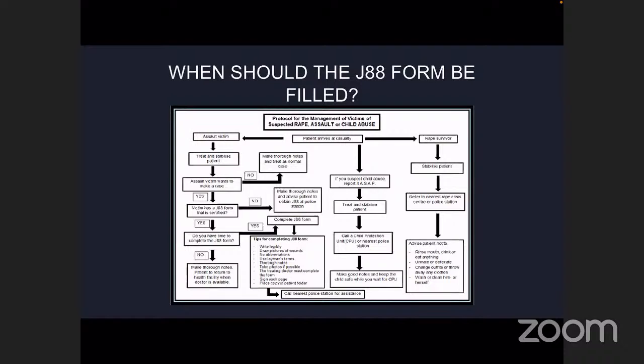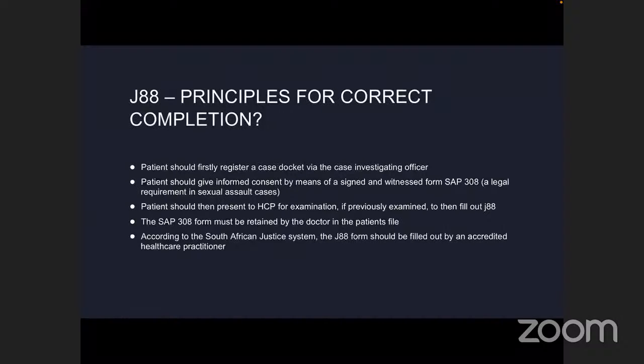If you are suspecting child abuse, you would need to report it as soon as possible. You would treat and stabilize the patient and then call the child protection unit or refer to the nearest police station.